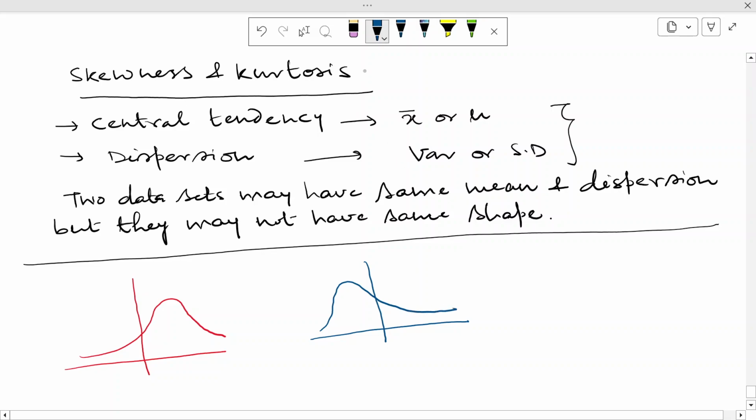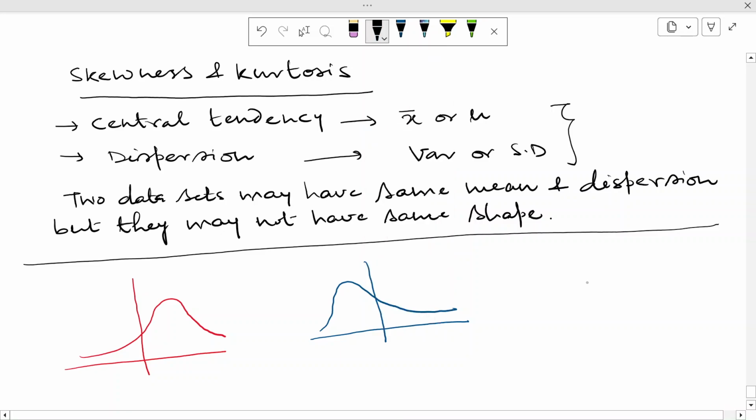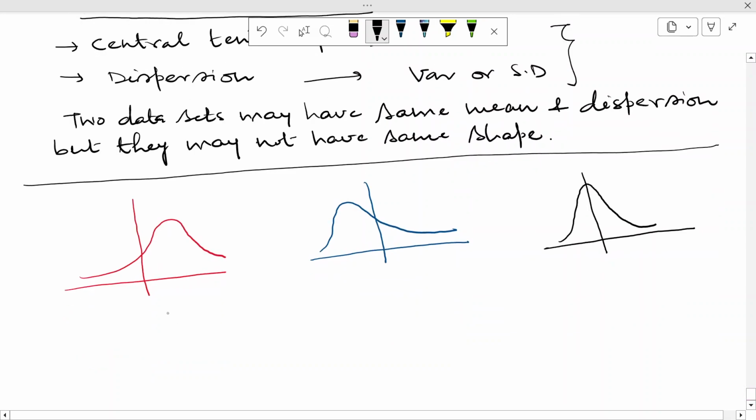And we have another possible shape which is something like this. If you just look at these shapes, let us call them 1, 2 and 3.